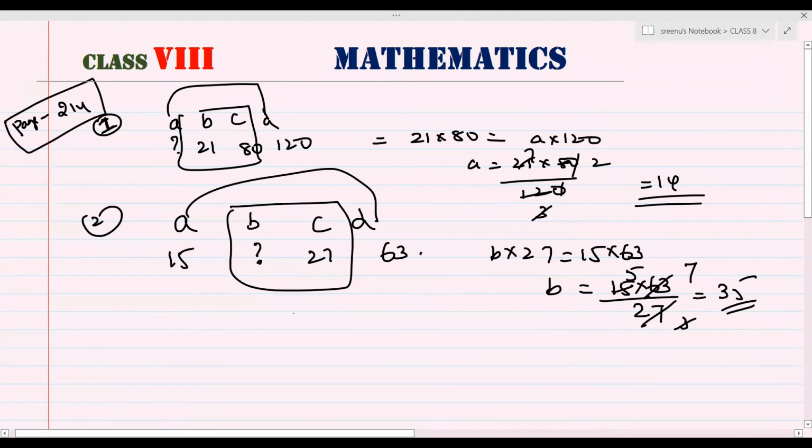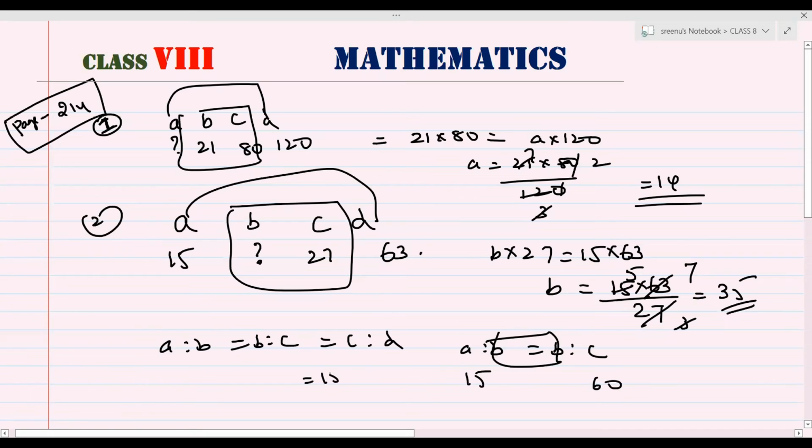Continued proportion means A is to B is equal to B is to C is equal to C is to D. Here the other two terms, 15 and 60, are given, and the mean proportion, the middle term, is missing. So take A is to B is equal to B is to C, where B is missing. Take 15 and 60 as first and last, so take the square root of 15 times 60. That is 3 fives and 12 fives, that is 3 into 5 and 3 into 4.